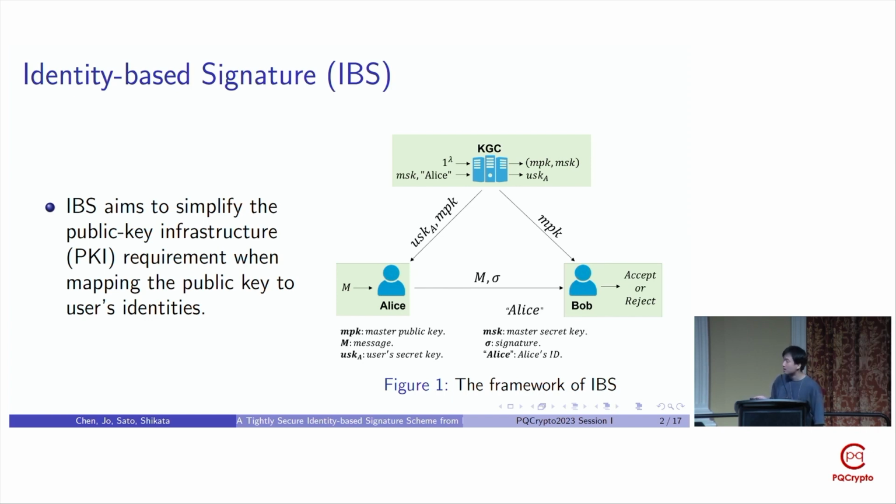Then the user signs a message, and the signature verification can be done by using Alice's identity and the master public key. This simplifies the process of mapping the public key to real-world identities.